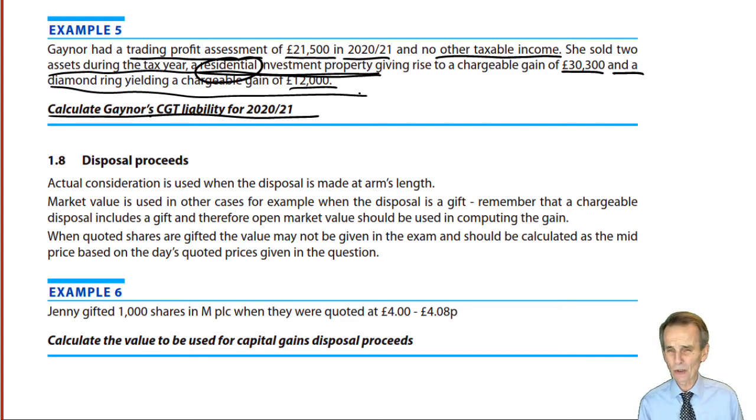Something, of course, we should know by now. Once you've done it, you'll have 2 figures of taxable gains, and then you can proceed to tax at the relevant tax rates, again depending on how much basic rate band remains, if any. So I want you to have a go at that, try and solve those particular problems now for yourself, and then of course we'll discuss them again when you've completed that exercise.